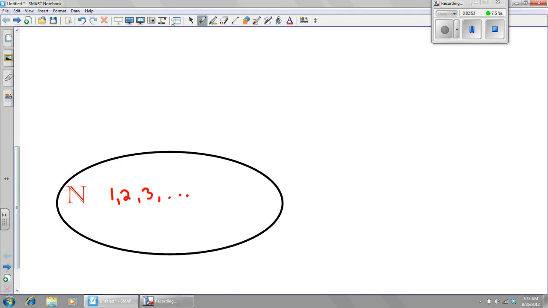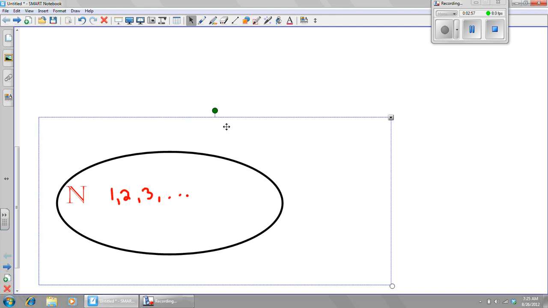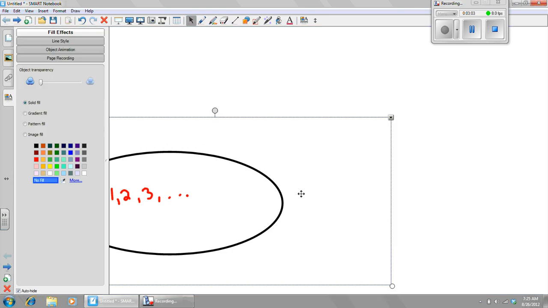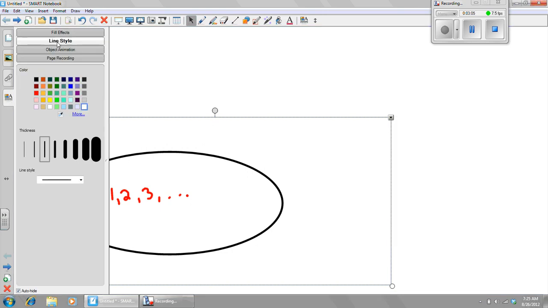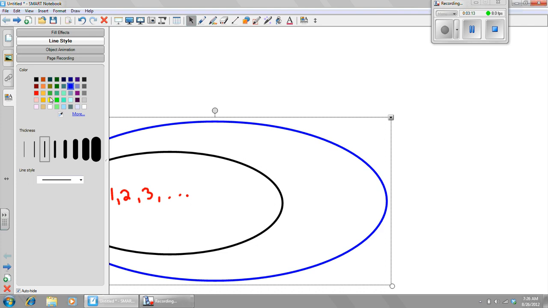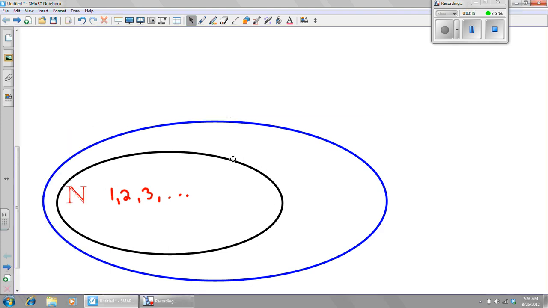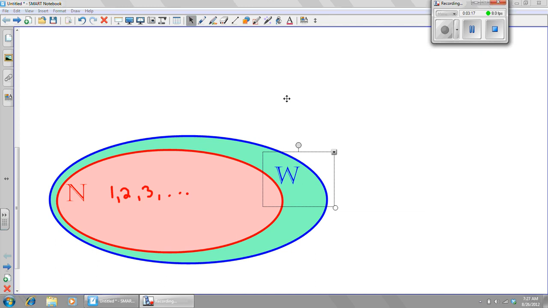All right, well, the whole numbers are around here somewhere. Let's see if I can find them. And we were doing ours in blue, I think, right? Okay. Yeah, I should change the color. And so those we call the whole numbers, right?